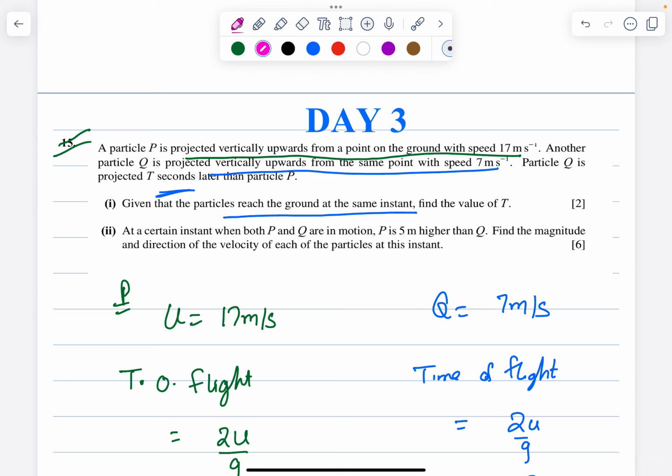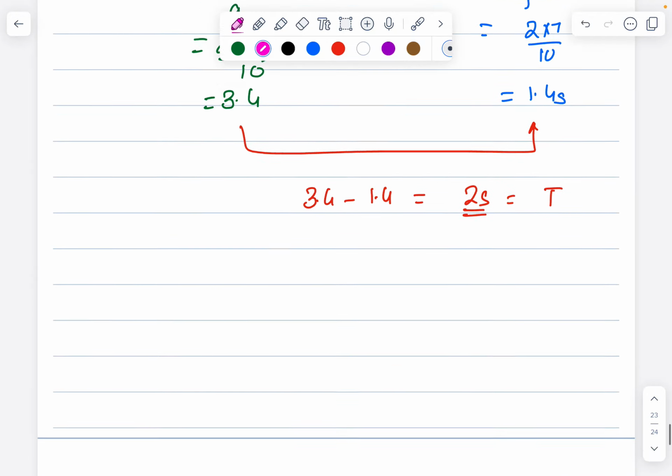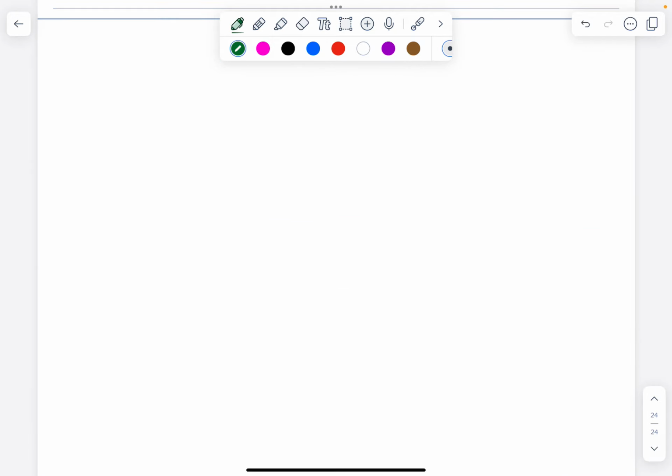At a certain instant, when P and Q are in motion, P is 5 meters above Q. Find the magnitude and the direction of the velocity of each particle at this instant. So for P, s equals ut plus half at square.